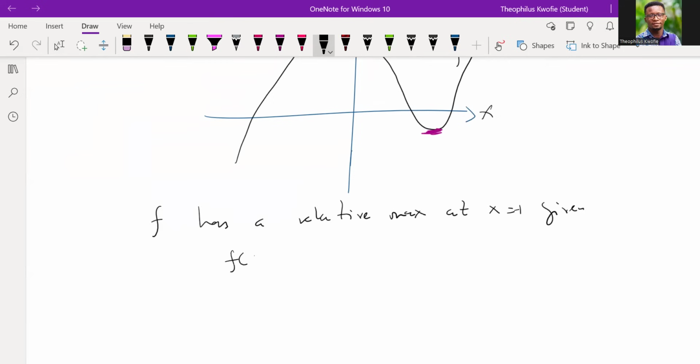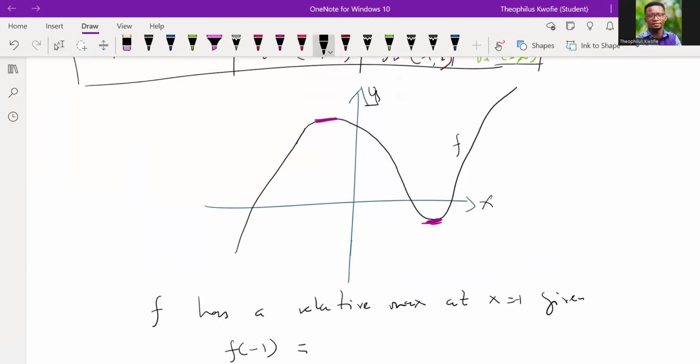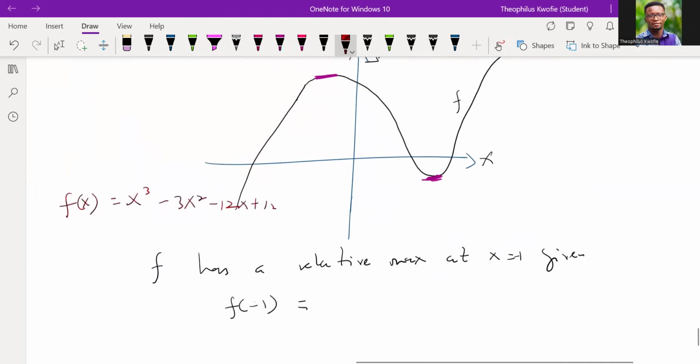Remember our main function, let me go to our main function. Our main function was, I think, x cubed minus 3x squared minus 12x plus 12, right? I think that's what it was.